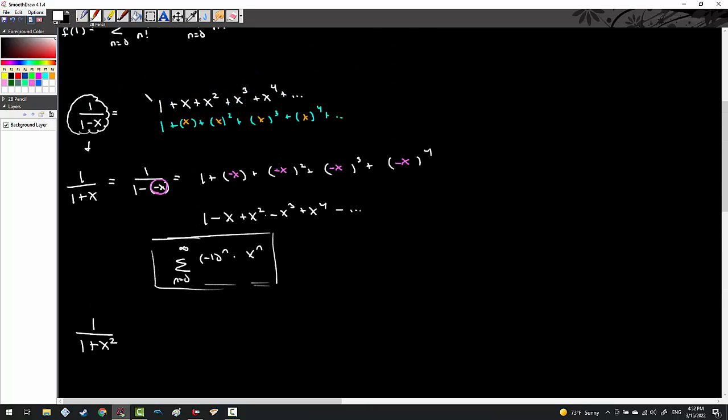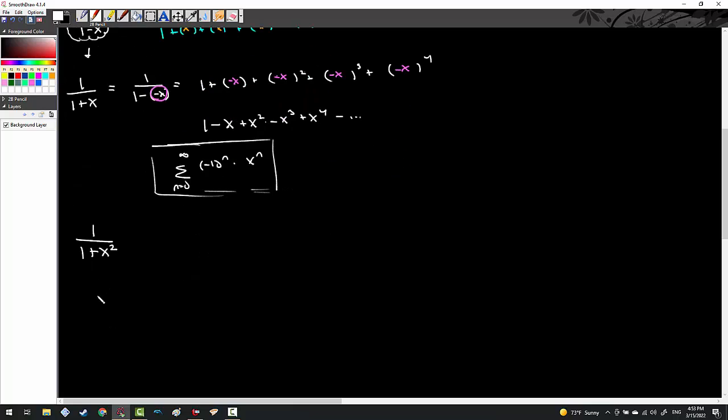The next manipulation I'm going to do is turn this into 1 over 1 plus x squared. So I want to go back to my baseline function because its behavior is predictable. The baseline is 1 over 1 minus x, and that's really, again, 1 plus a thing plus a thing squared plus a thing cubed plus a thing to the 4th plus dot, dot, dot.